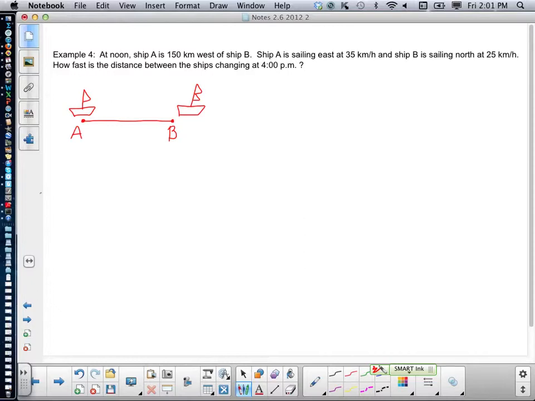Okay. All right. The distance between them is 150 kilometers. Now this is a little tricky, what's happening here. Ship A is heading east at 35 kilometers per hour. So here's ship A going this way, and that's at 35 kilometers per hour.